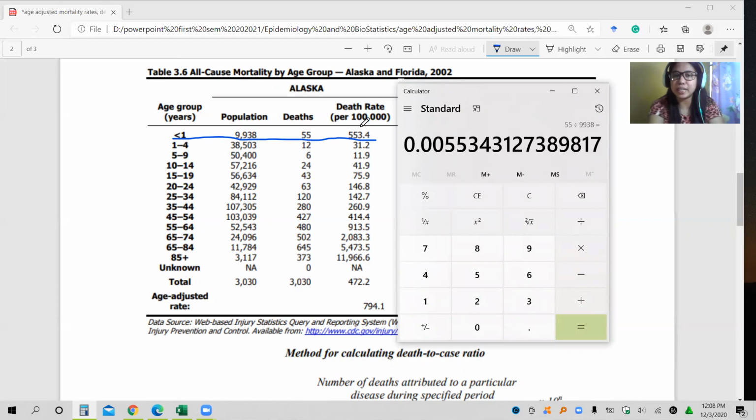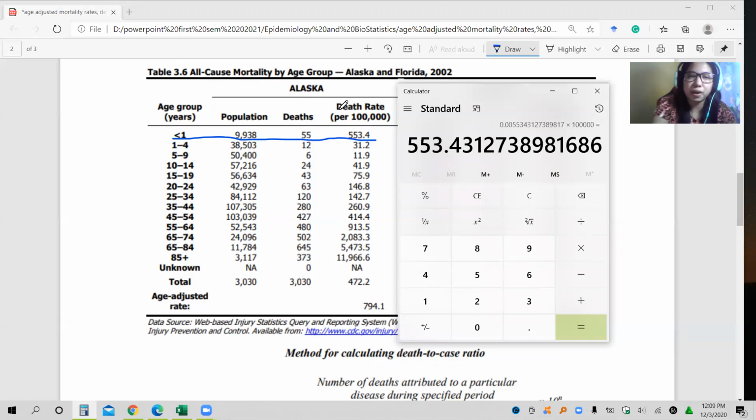However, it's noted here that it is per 100,000, which means we need to multiply it by 100,000 and the result is 553.43, the death rate for age group less than 1.